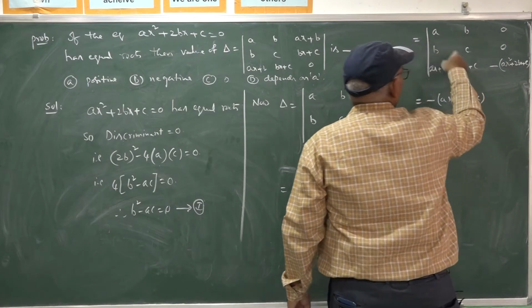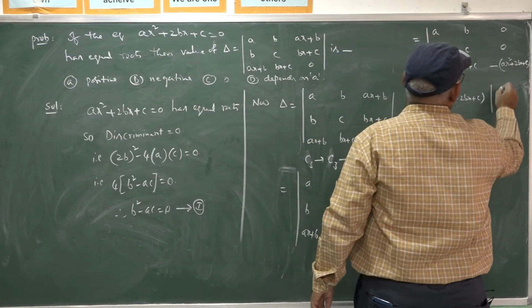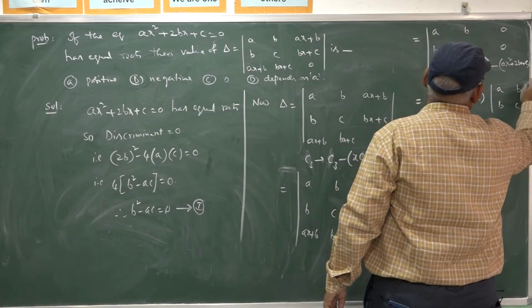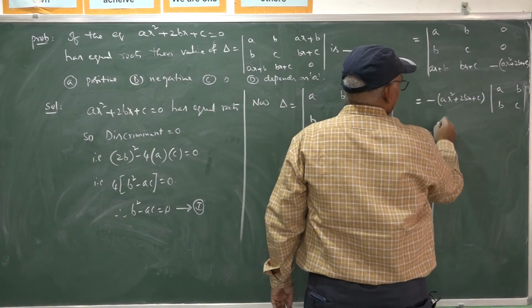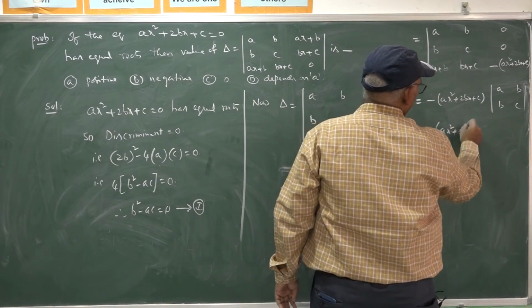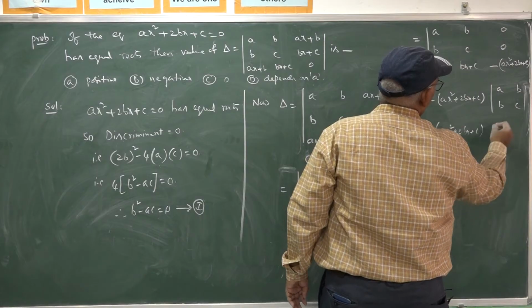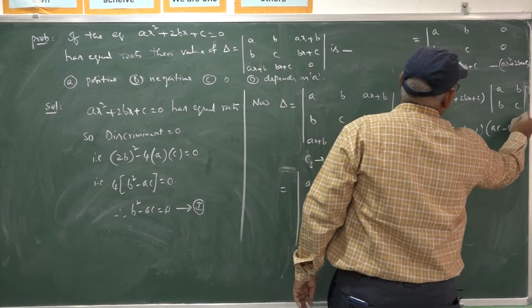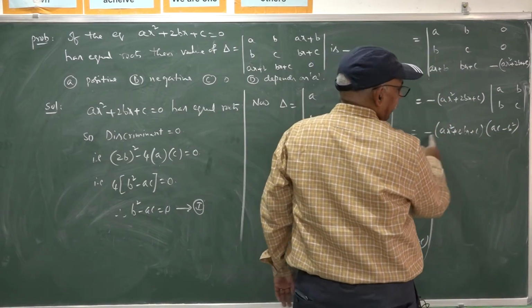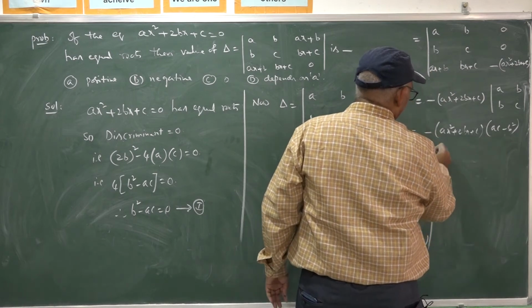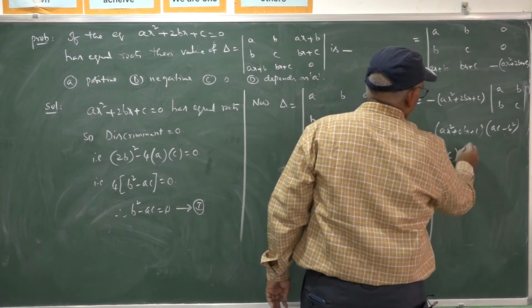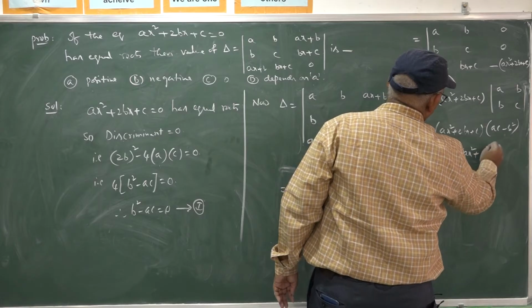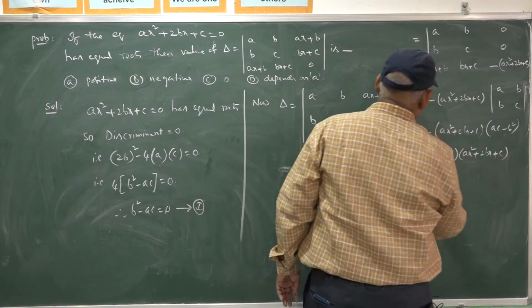Eliminating this row and column, we get the remaining determinant as AB, BC, which is minus of Ax square plus 2bx plus c into AC minus B square. Taking minus to this factor, we get B square minus AC into Ax square plus 2bx plus c.